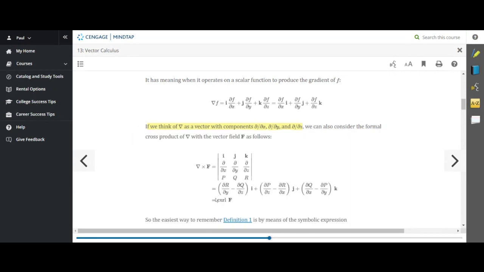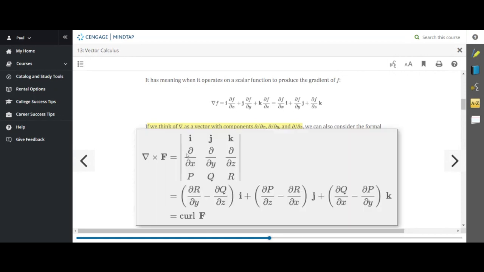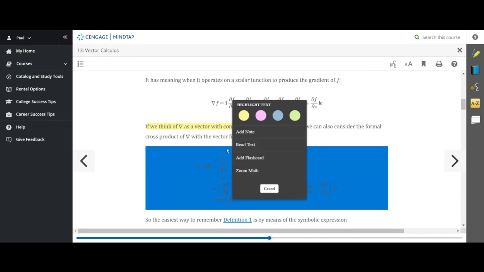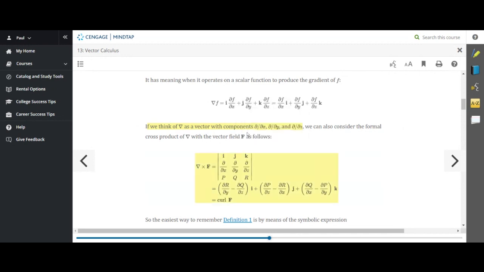In other words, maybe I can highlight it. This cross product between the del operator and the vector field F actually gives you the curl of the vector field, so you don't have to memorize that definition above.